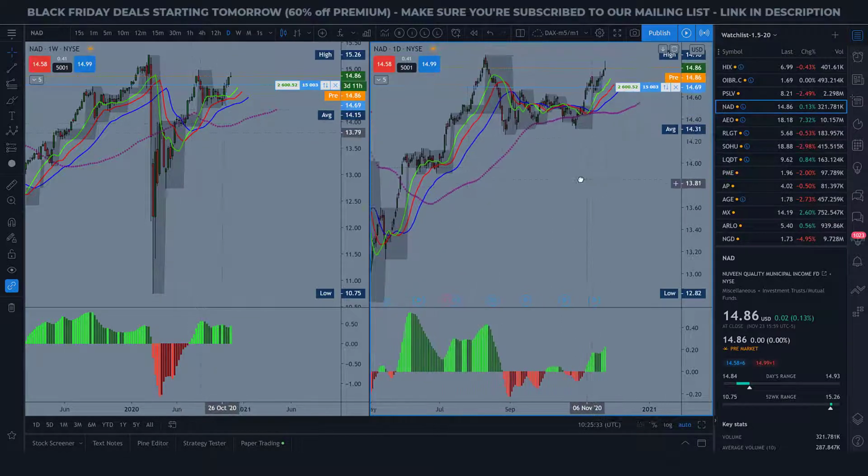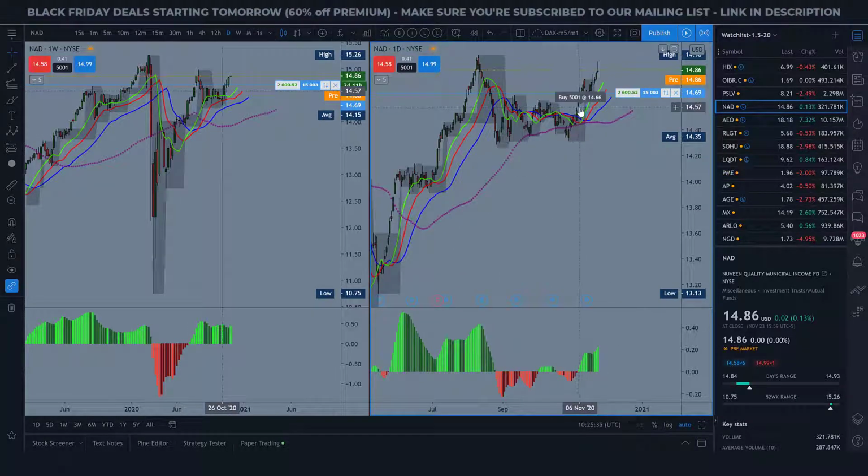Here's another one. Nice setup one on this. I think the initial entry is on the 6th of November, then added twice to it as price went up and then pulled back a bit. So that's another one. This has kind of hit the peak of 3 here, which is this level here, and previously it had dropped from that quite strongly, so they had a really bad response to the pandemic.